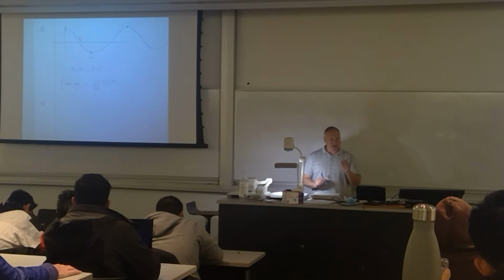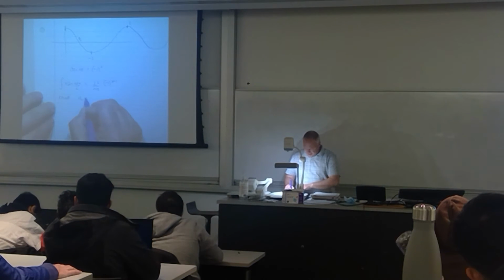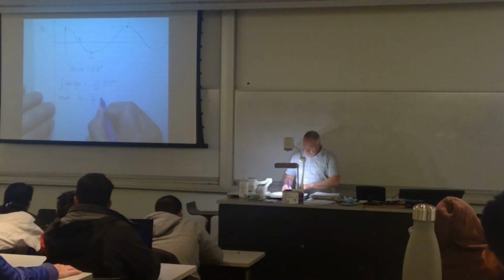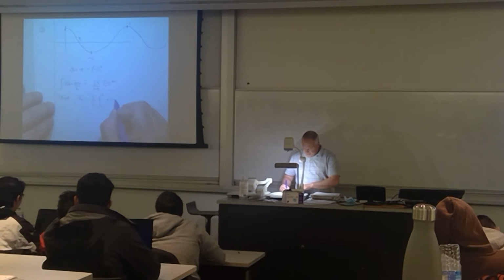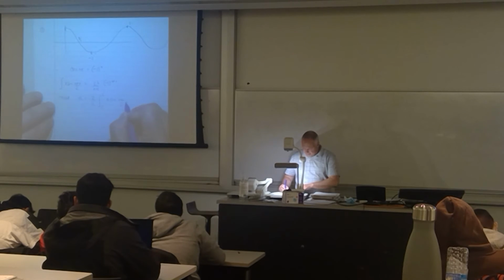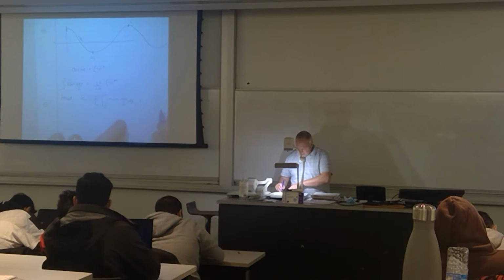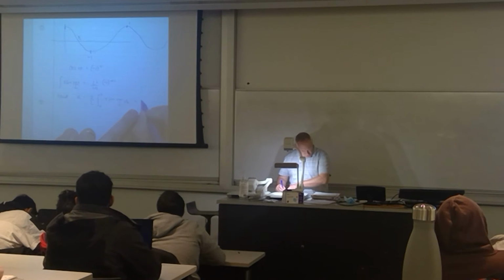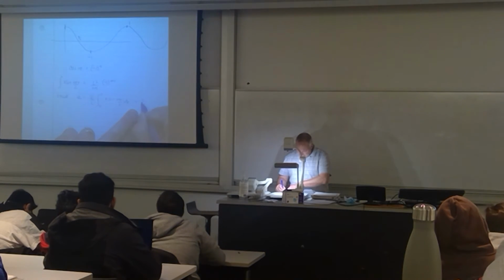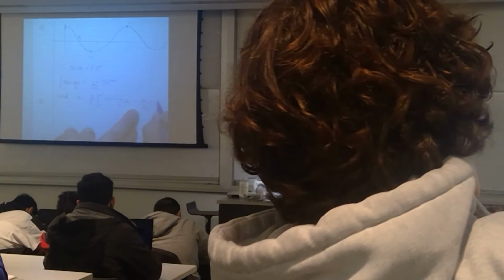And remember, what I really want, though, is that a_n is 2 over L times the integral 0 to L x sine n pi x over L dx. So that means one of the L's is going to go away, and I'm going to end up with 2L over n pi times minus 1 to the n plus 1.